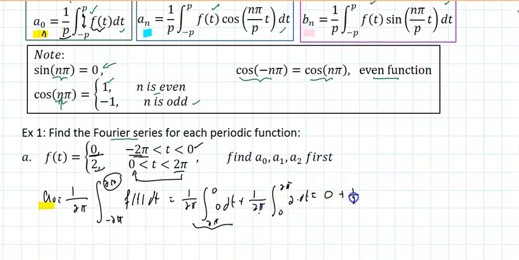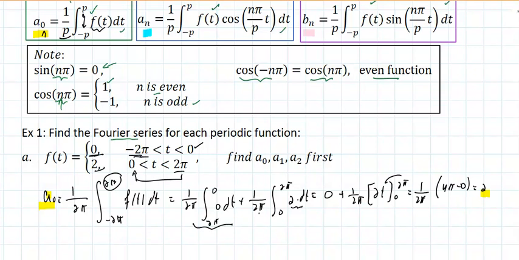This is 1 over 2 pi times the integral of 2 dt, which is simply 2t evaluated from 0 to 2 pi. That is 1 over 2 pi times 4 pi minus 0. The pi's cancel, and that turns out to be 2. So I got my a sub 0 to be 2.